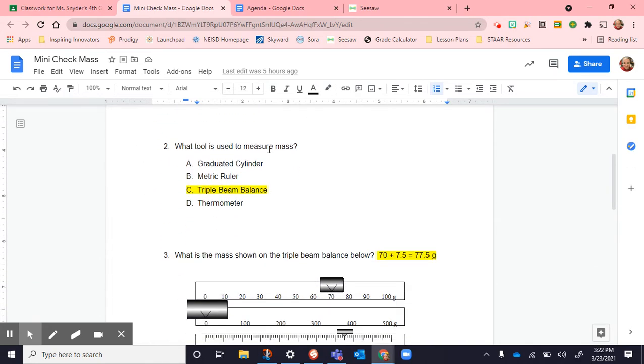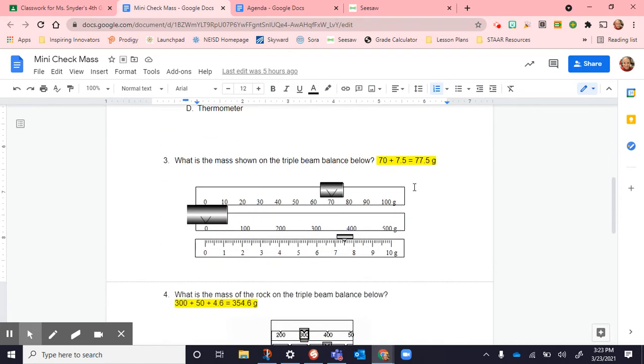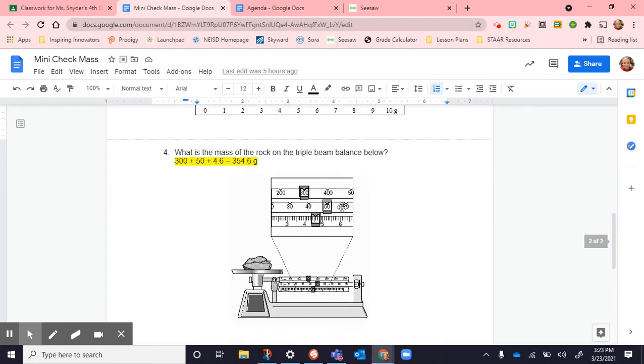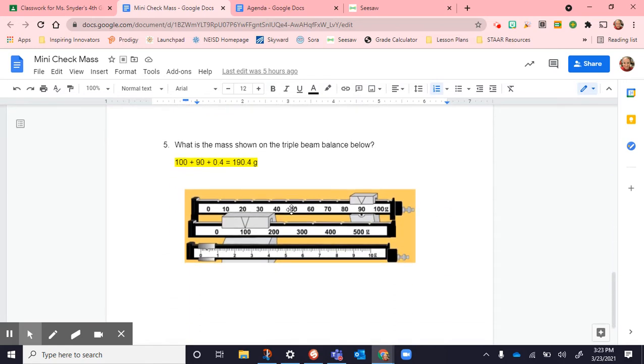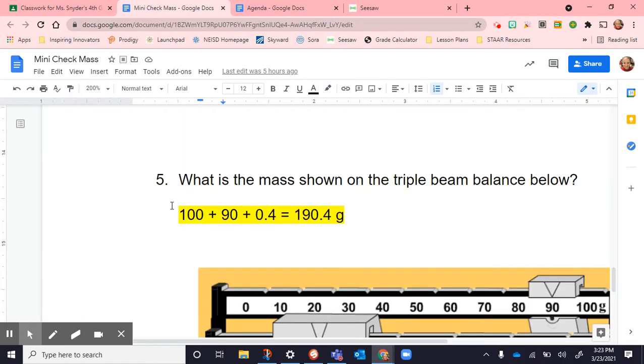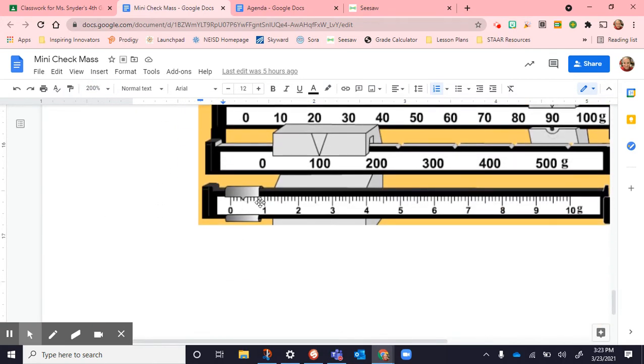Number 2, the tool that we use to measure mass is a triple beam balance. And then down here, we have a few examples. On this one, we added up the amounts. Same thing on number 4, we added up those amounts. You look at the three different scales, and the same thing on this last one. So we were practicing finding those numbers. Some of these were decimals, so you can zoom in if it's too small and look at the decimal that's created.